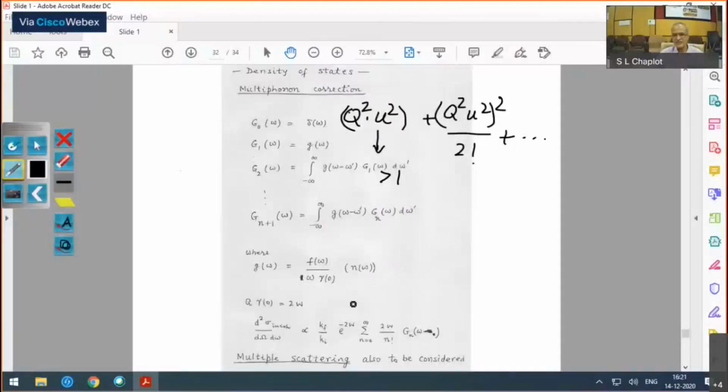If your Q is very large, then your de Broglie factor will kill the intensity, and there will also be a large contribution from multiphonon terms. So it is ideal to choose intermediate values, typically Q squared U squared of the order of 1. In that case, the one phonon terms will be dominating, and the corrections will be minimal.